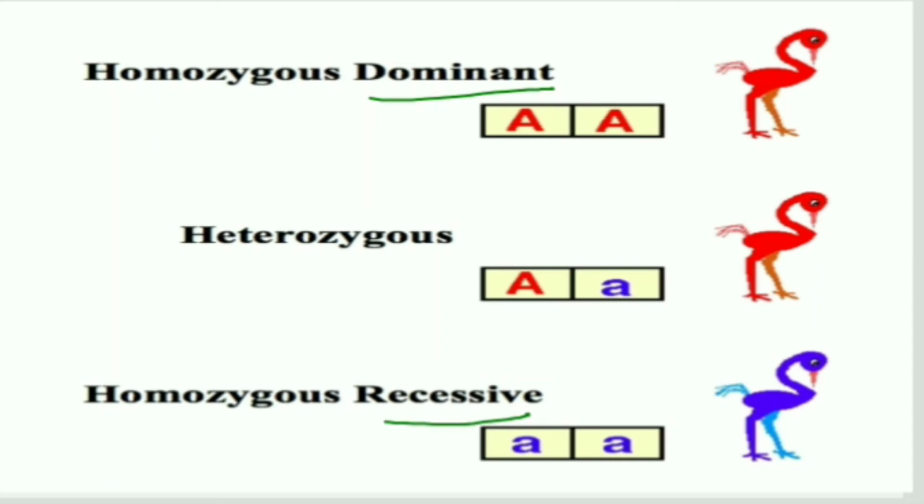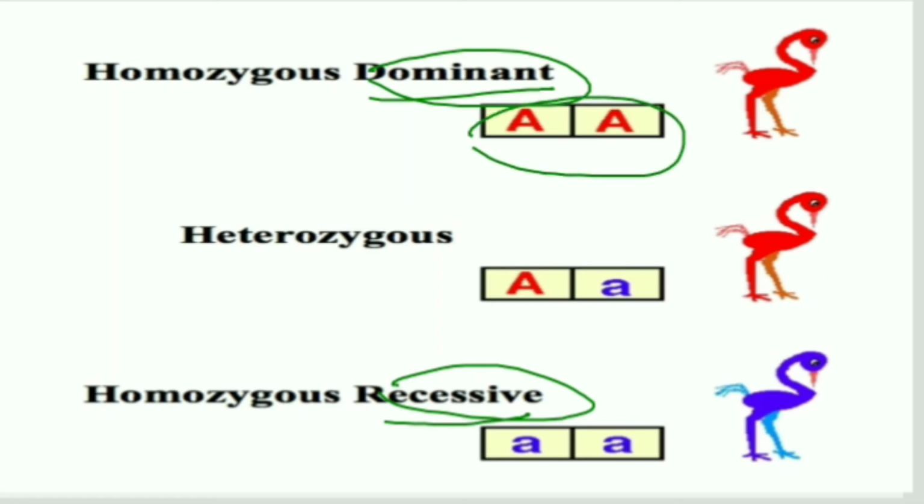Since there are two types of homozygous, the phenotype of homozygous is either due to the dominant allele or due to the recessive allele. We know that if it is dominant homozygous, both the alleles are of dominant form and the color of the bird is due to the dominant allele.